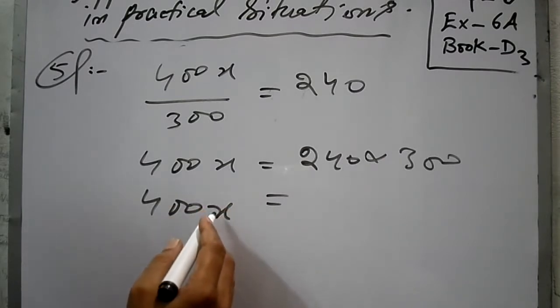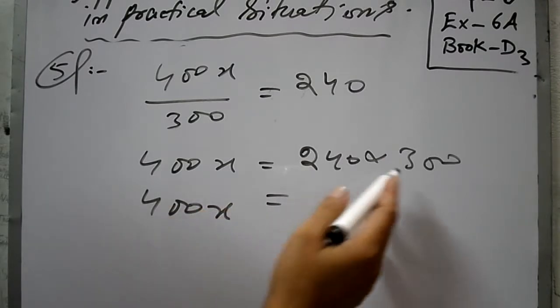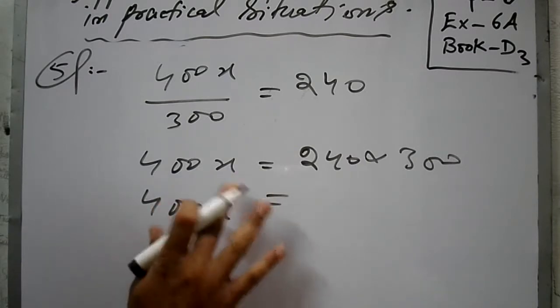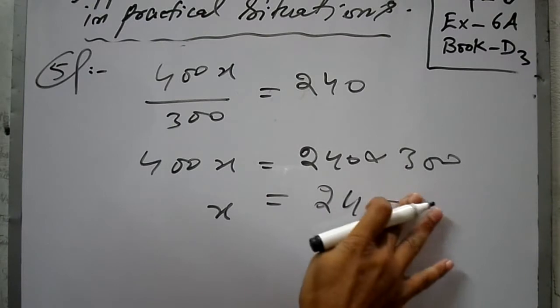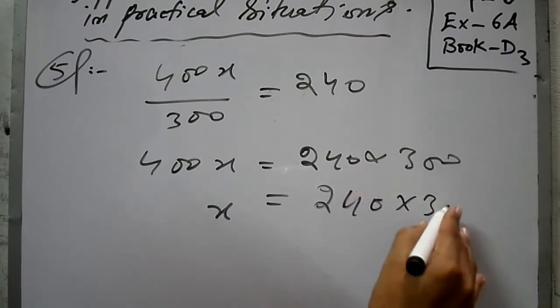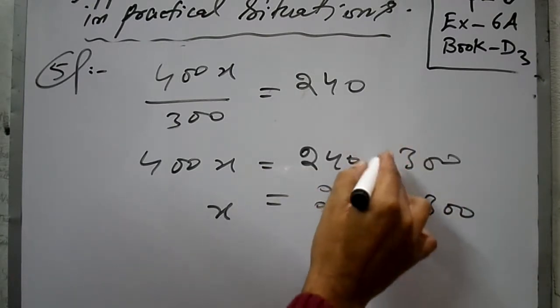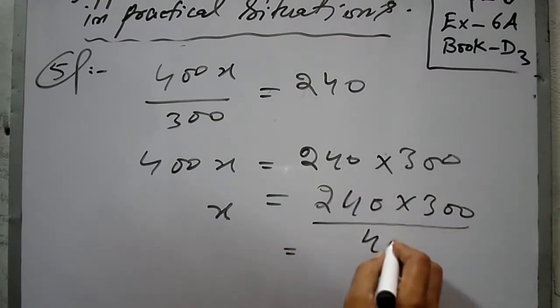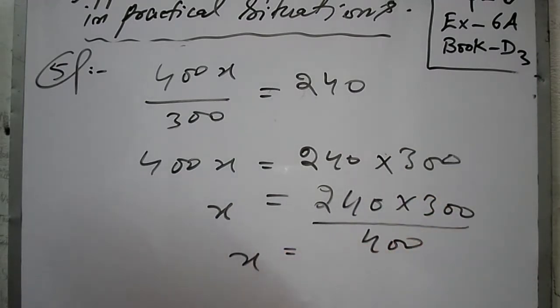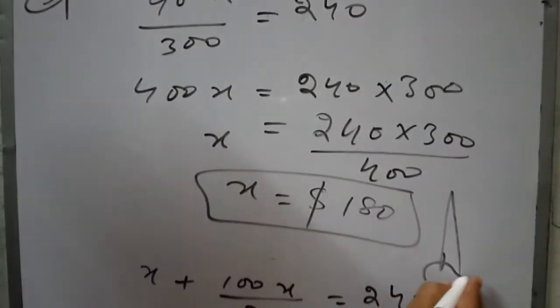You need the value of x, so you have to divide. For example, this 400 can be divided: 240 multiplied by 300, so write it clearly to avoid any confusion, divided by 400. So by simplification you will get the value of x, that is $180. So that is the result.